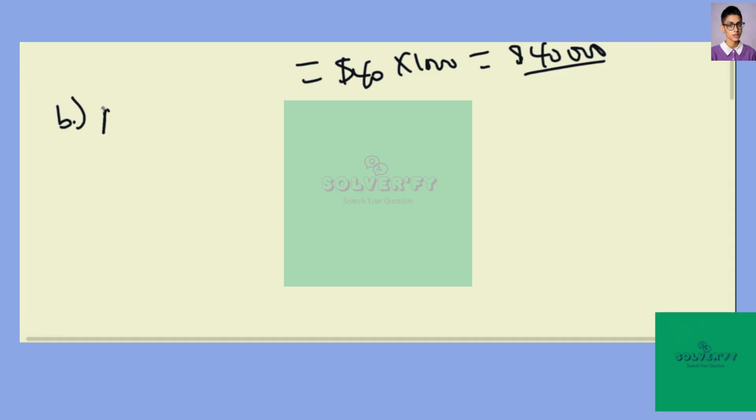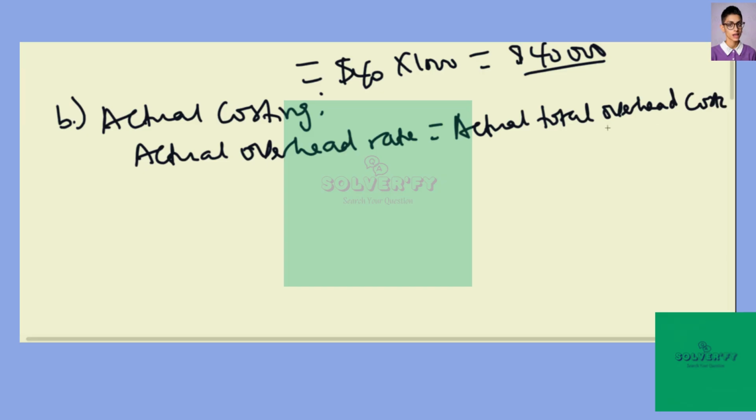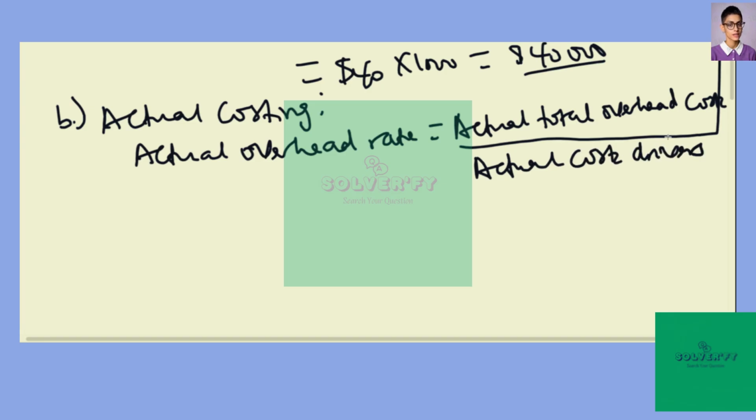Then we move into the second part of the question, which is the actual costing. So using the actual costing, the actual overhead rate will be equal to the actual total overhead cost divided by the actual cost drivers.